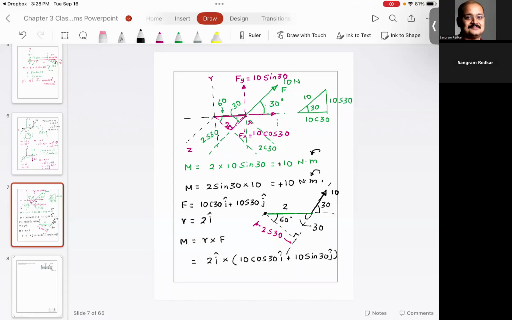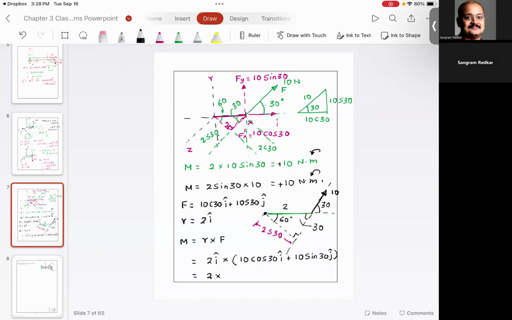Because when you take the x component of the force, it is in the same direction as positive i. When you take the y component of the force, it is in the same direction as positive j. That's why you have 10 cosine 30 i and 10 sine 30 j. Everyone understood this?